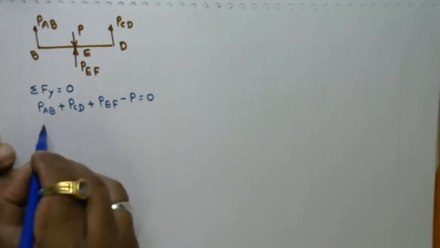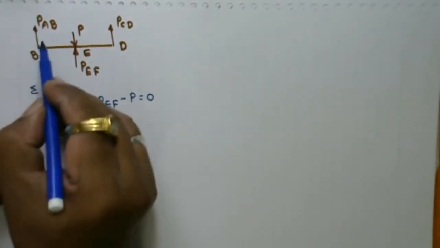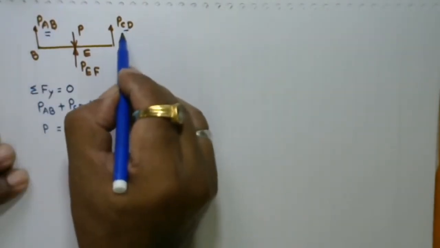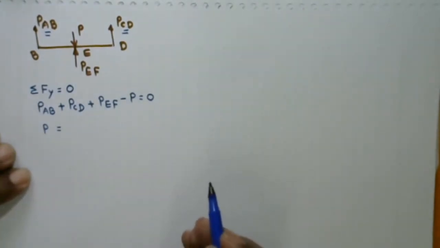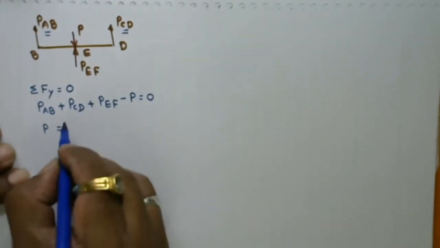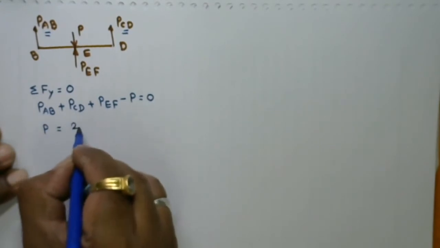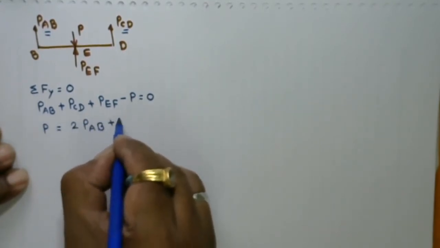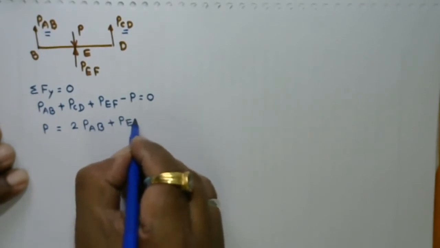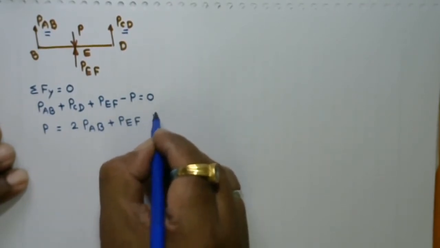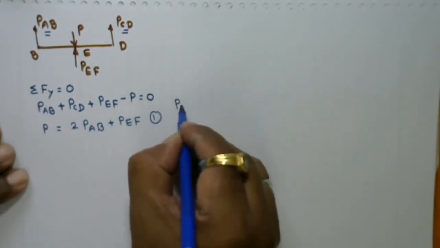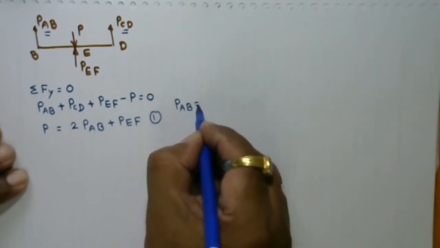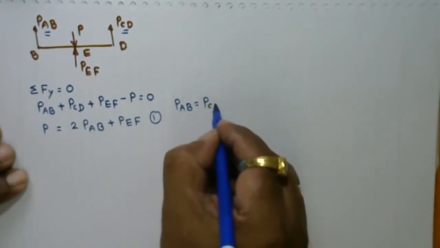So in that case you may write P is equal to PAB and PCD, both are equal. So you may write the equation twice PAB plus PEF, say equation number 1, because PAB is equal to PCD.